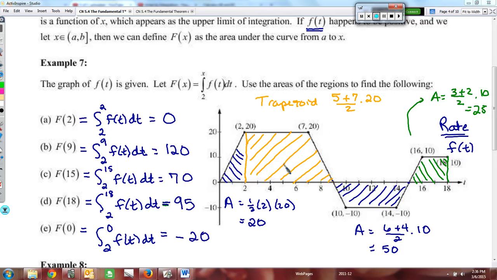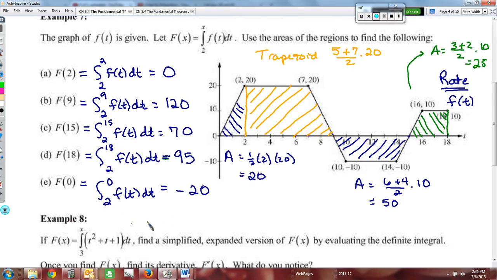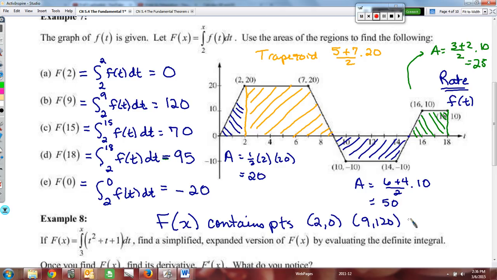So the idea of defining this function, what you have to basically recognize, is that what I have just calculated is essentially several points on this function. This accumulation function f of x contains, if I were to graph it, the points (2, 0), (9, 120), (15, 70), (18, 95), and (0, -20).